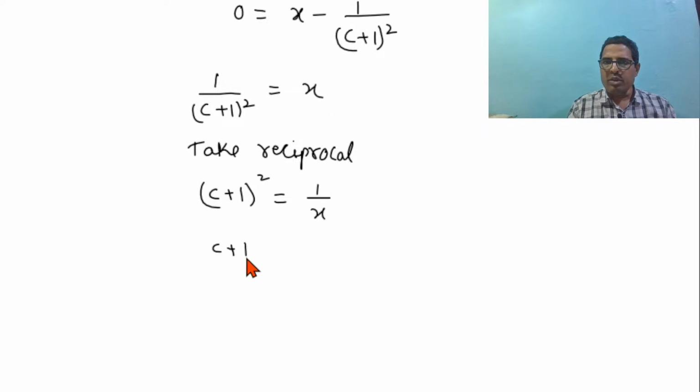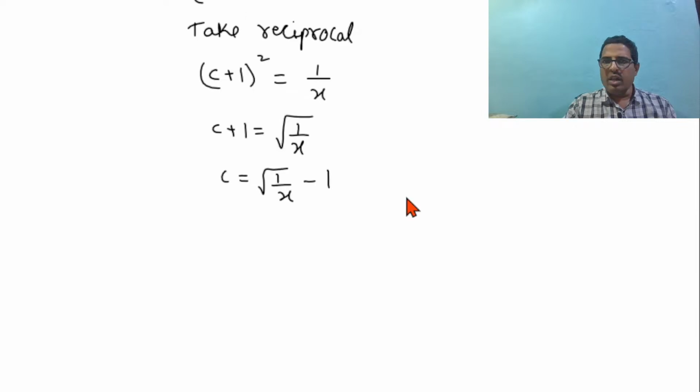So, c plus 1 equals, taking the square root on the other side, root of 1 by x. So c equals root of 1 by x minus 1, or I can write 1 by root of x minus 1, that will be the value of c.